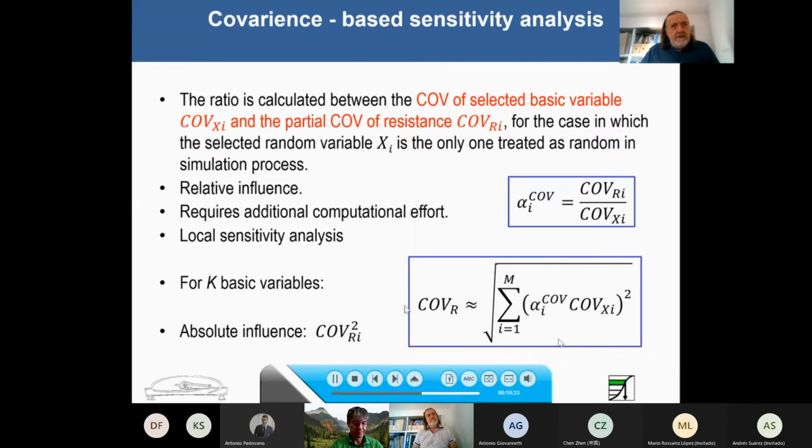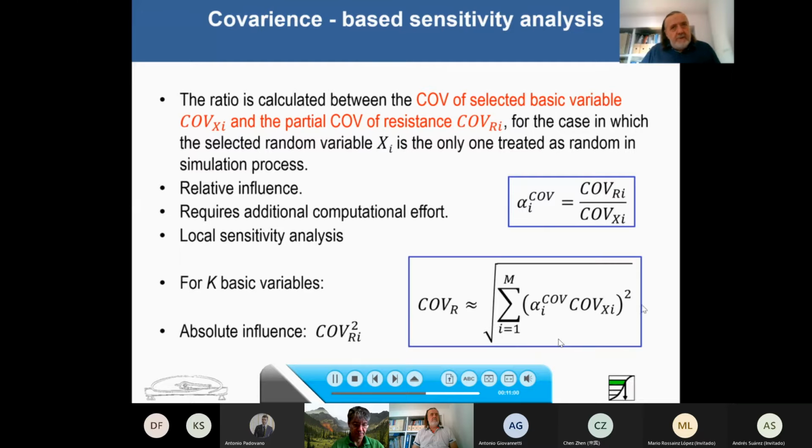For k basic variables, the overall coefficient of variation of the resistance can be calculated based on this formula, and we can see that absolute influence of the variables is actually there is a contribution of the square root of COV Ry.